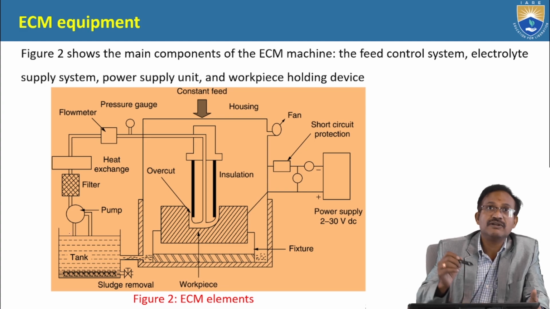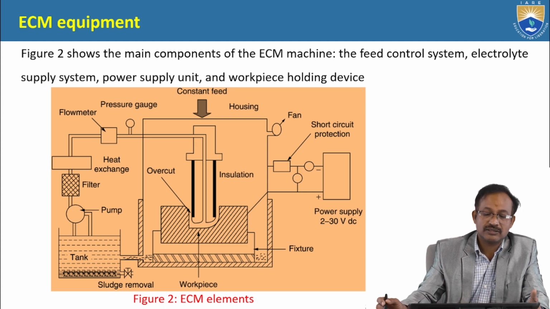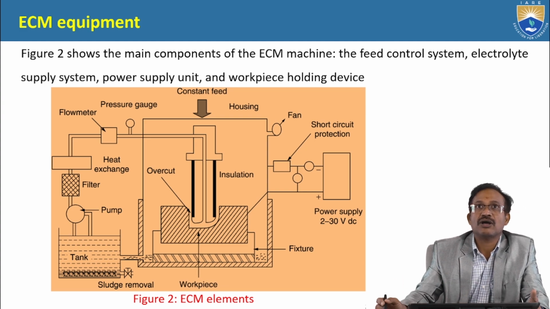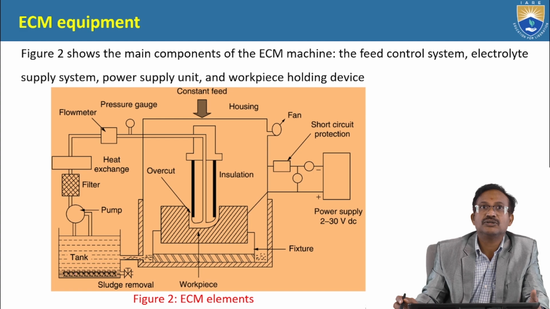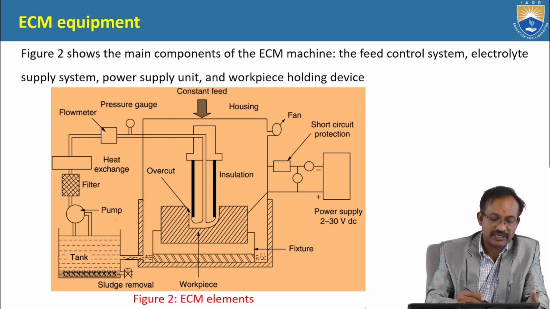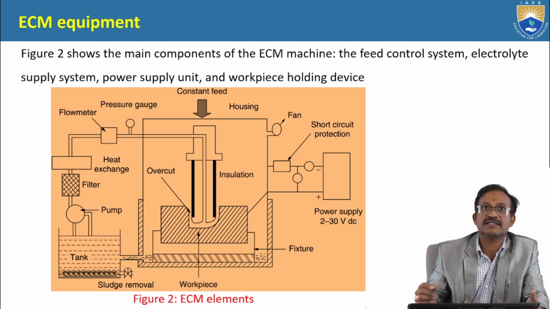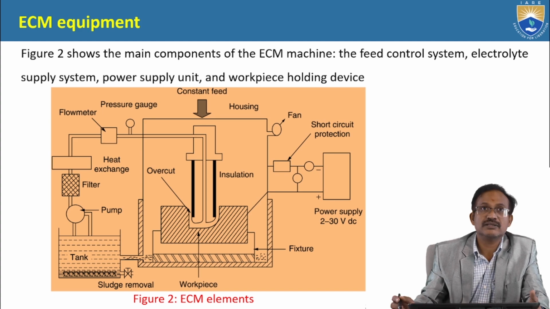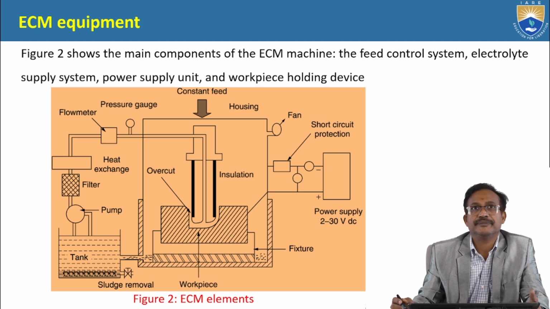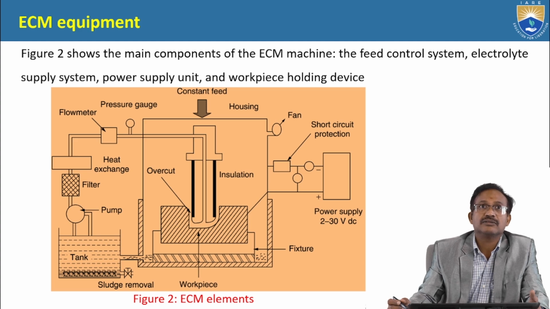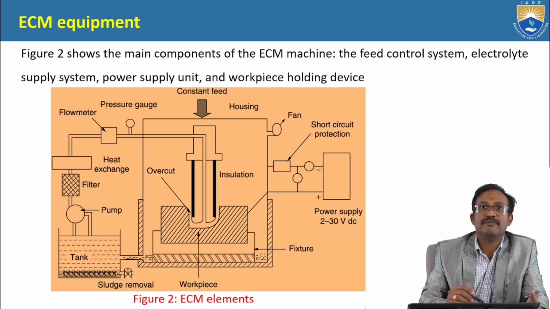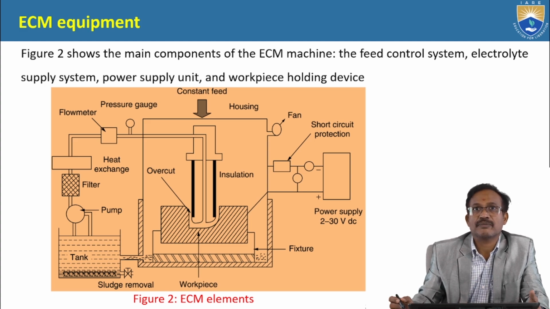That will circulate into the housing, and from the housing again it will come back into the tank. Some filtering process will take place at this tank also. A pump is used to pump the electrolyte. Filters will stop any debris coming from the workpiece.